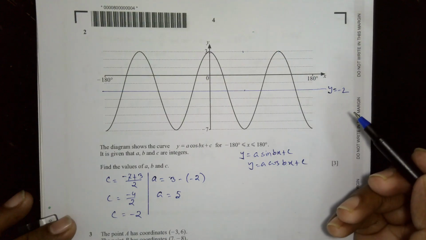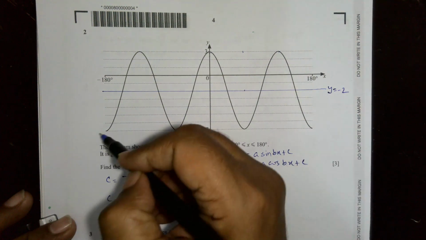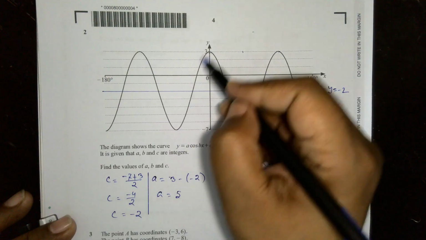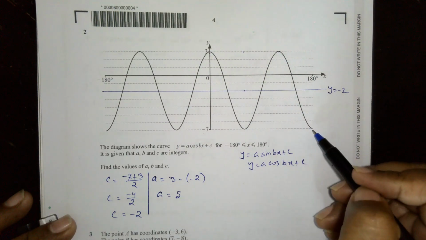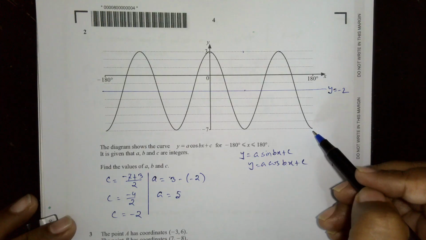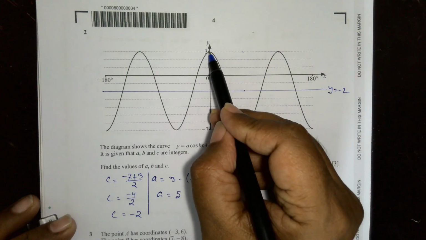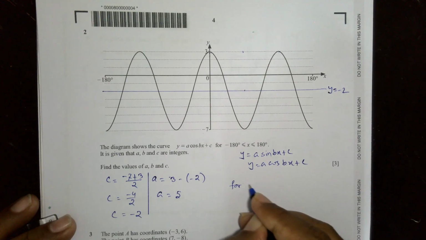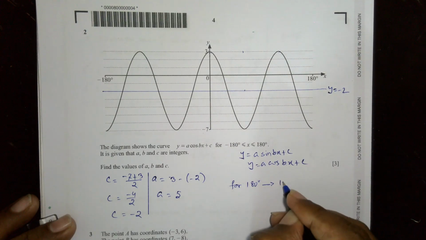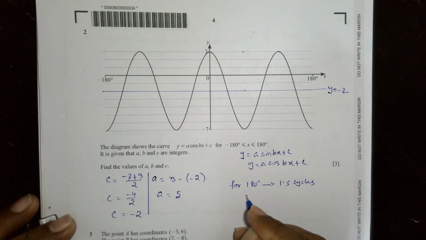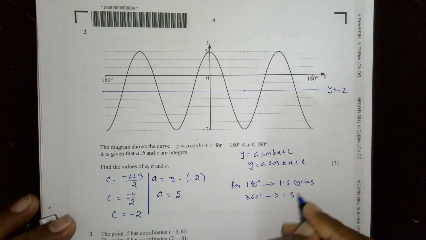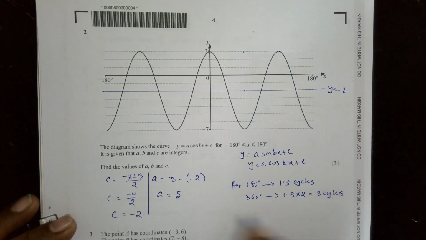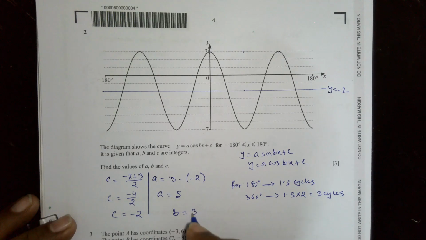That is the value of B. You can think from this point to this point one cycle, from this point to this point another cycle, and from this point to this point another cycle. So we have 3 cycles. Or you can say for 180 degrees it has 1.5 cycles, so for 360 it will have 1.5 times 2, which is 3 cycles. Hence the value of B must be 3.